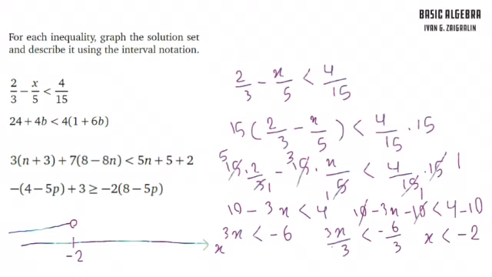And the interval notation for this inequality is all the real numbers that are less than negative 2, and this is the interval notation for this inequality.